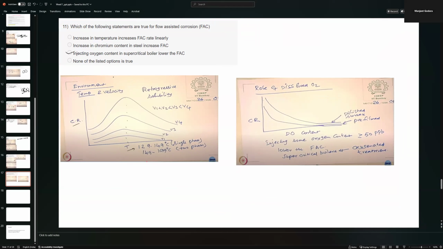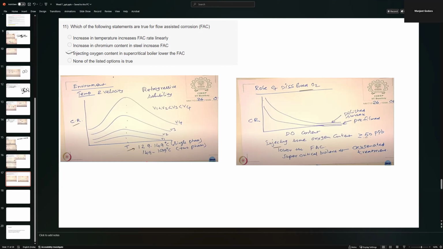Injection of oxygen content in supercritical water lowers the corrosion. So, role of dissolved oxygen: injecting some oxygen into the water lowers the corrosion. This is happening due to formation of an oxide layer on top of the surface, and that oxide layer prevents flow assisted corrosion.